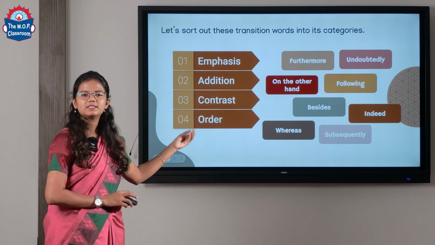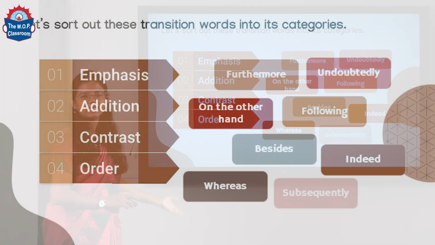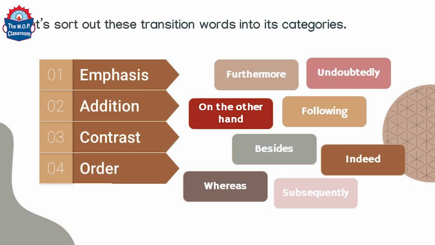Here I have given some transition words as example, and there are different categories of transition words. Such categories here are emphasis, addition, contrast and order. You will be able to identify these words into its appropriate categories, which will help you to give a better description of any visual images.